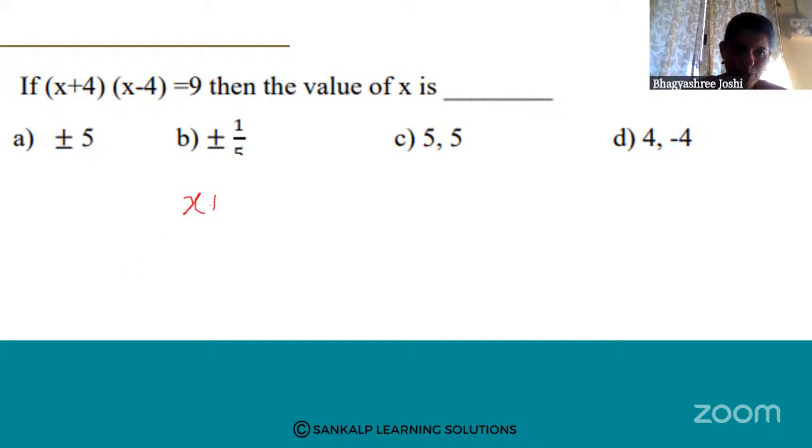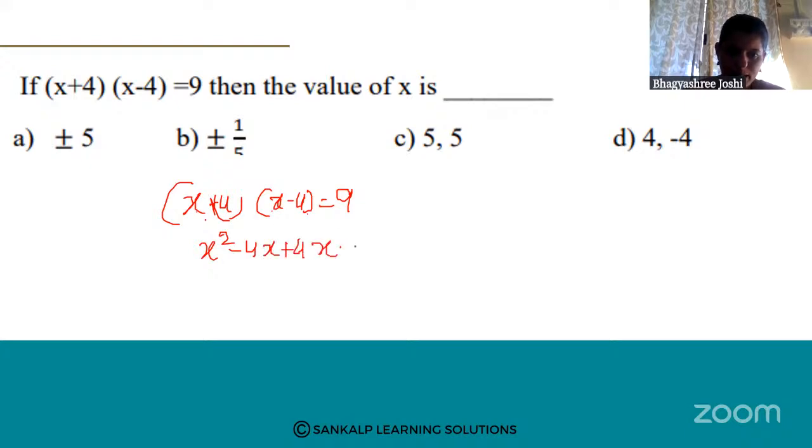So x into x is x square, x into minus 4 is minus 4x, plus 4 into x is 4x, plus 4 into minus 4 is minus 16, equal to 9. So minus 4x and plus 4x cancel, x square minus 16 is equal to 9.